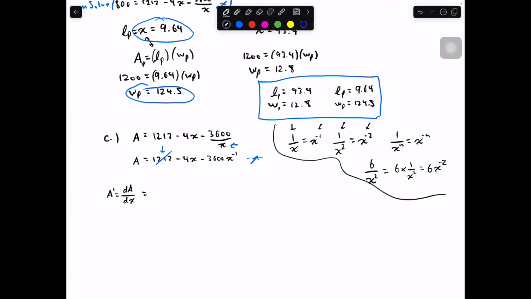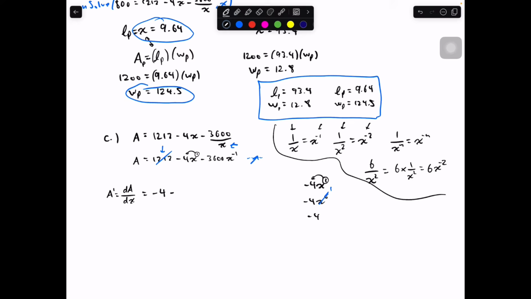If we have negative 4x, x just falls away, so we have negative 4. You can think of this as negative 4x to the 1. We take the derivative, it's negative 4, multiply out in front, x to the 0. Anything to the 0 is just 1. So we have negative 4.